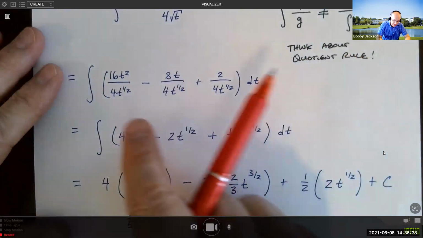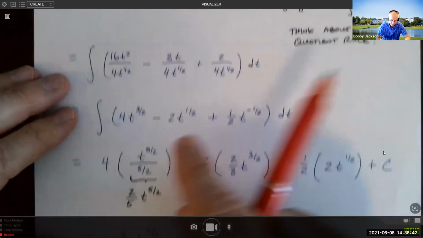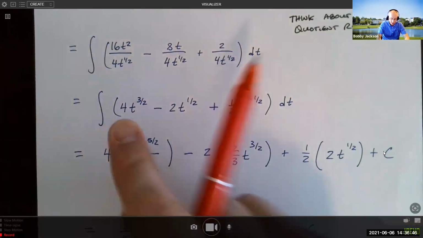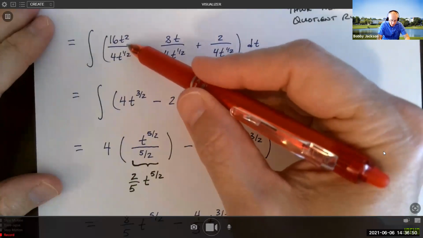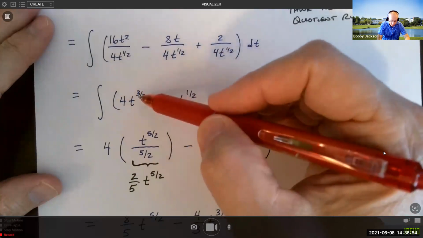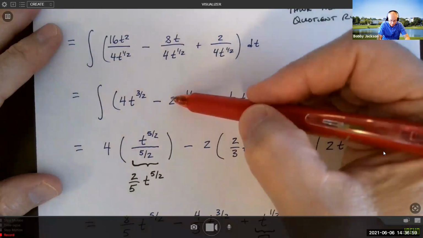And now I can simplify each of these fractions. So 16 divided by 4 is 4. To simplify this, I just subtract the exponents: 2 minus 1/2 is 3/2. 8 divided by 4 is 2.